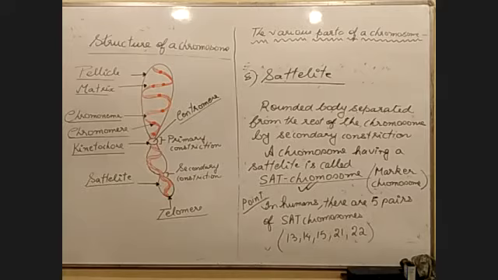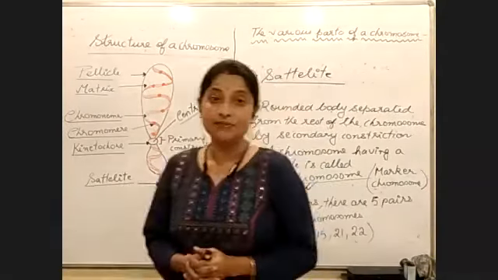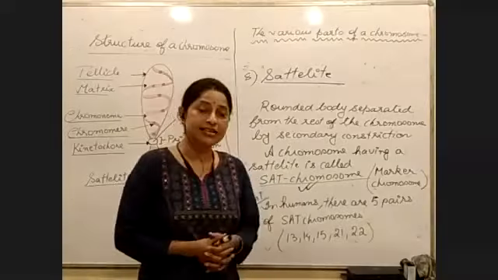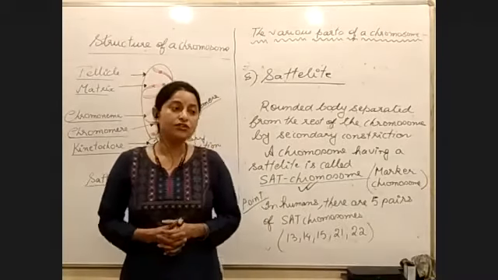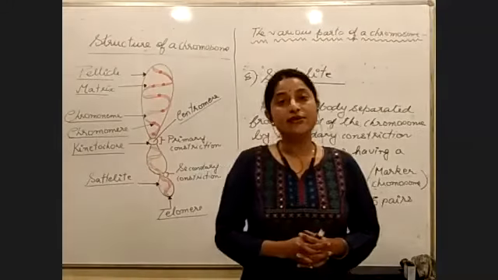Who forms the chromosome? The chromatin network forms the chromosome. When does the chromosome form and when do we see it? During the process of cell division. Before a cell starts division, can we see chromosomes?